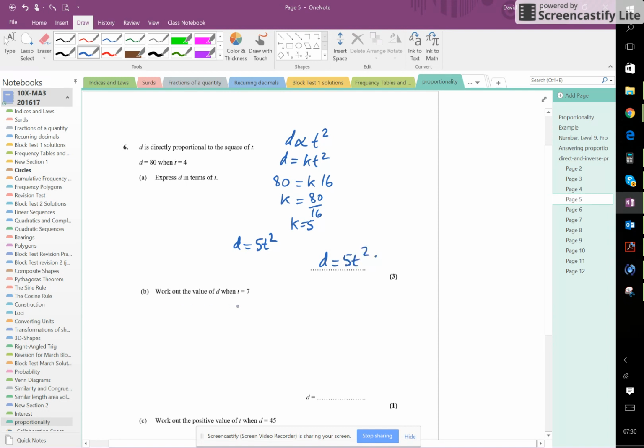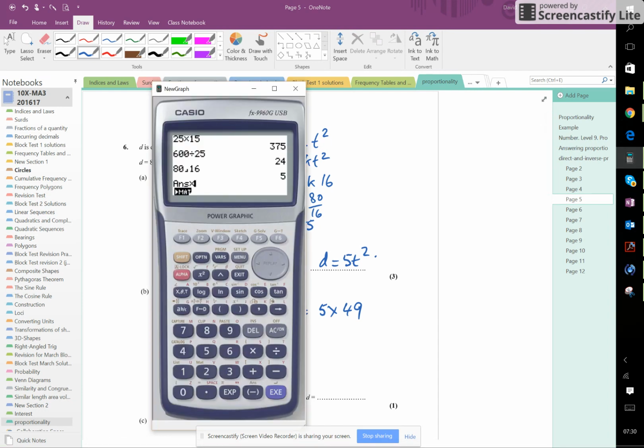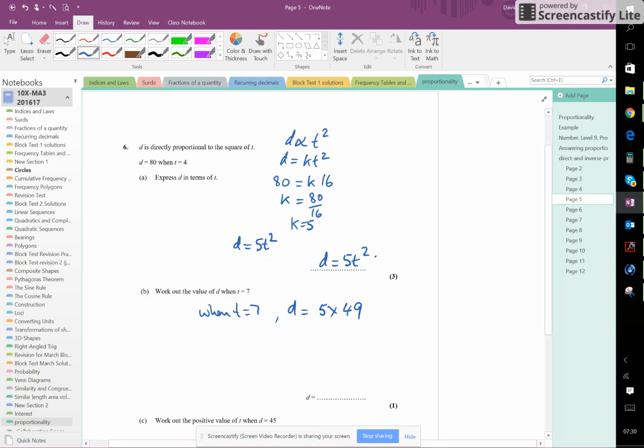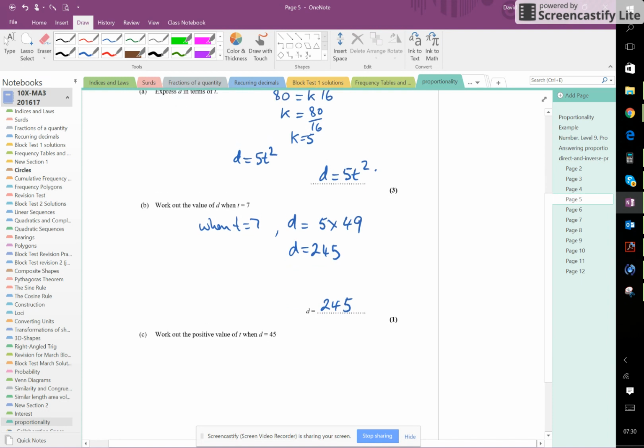Work out the value of D when t equals 7. So when t equals 7, D equals 5 times t squared. So that's 7 squared. 7 squared is 49. So we get 49 times 5, which is 245. Work out the positive value of t when d equals 45.